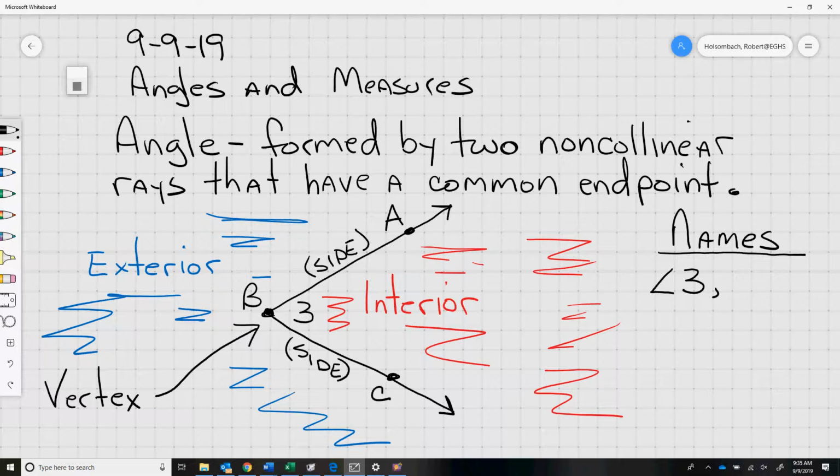Since there is only one vertex in this drawing, there's only one angle on the wall right now. You can also call this angle B. You can also name an angle with 3 points on the angle. You could call this angle ABC.